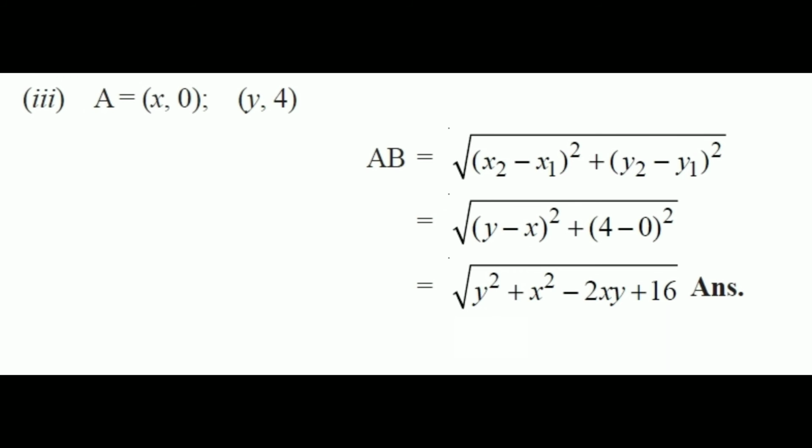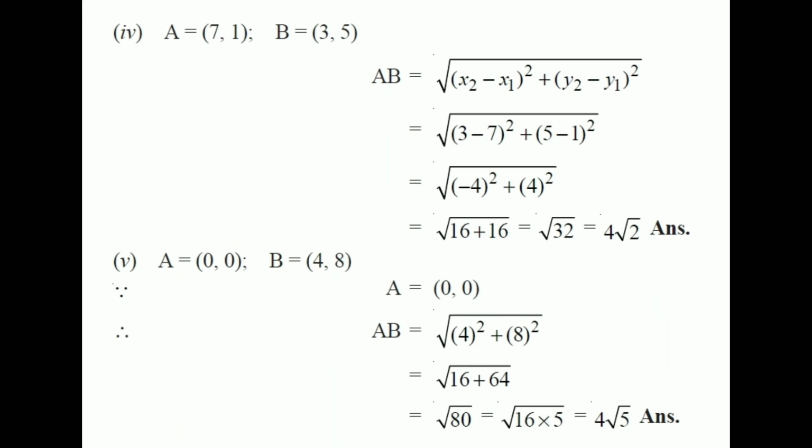In the second bracket, the difference of ordinates becomes 4 minus 0, which is equal to square of 4 only, and it is 16. So for the present question, the distance between A and B will be under root y square plus x square minus 2xy plus 16.